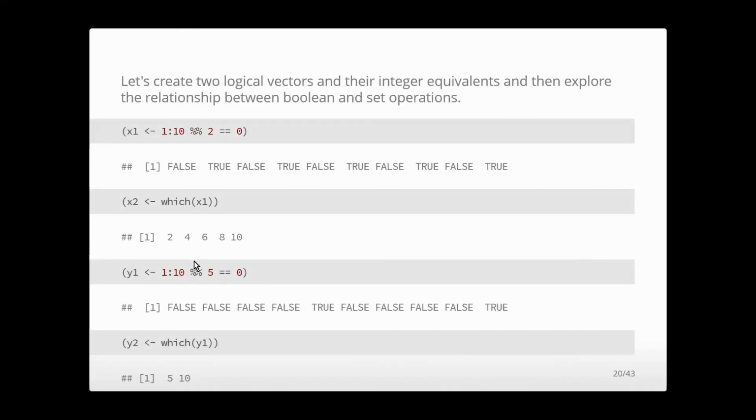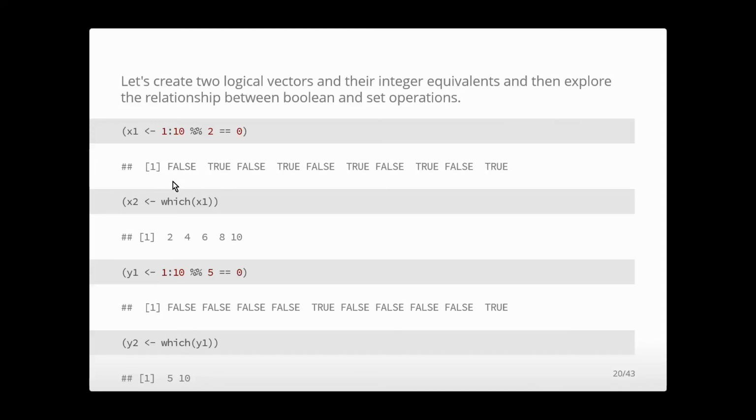All right, so here is some stuff. x1 is taking the integers 1 through 10, and it says, is mod 2 equal to 0? That's basically going to be false for anything in the odd positions and true for anything in the even positions.